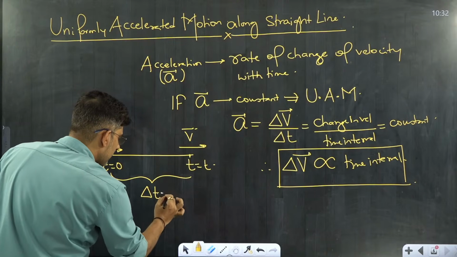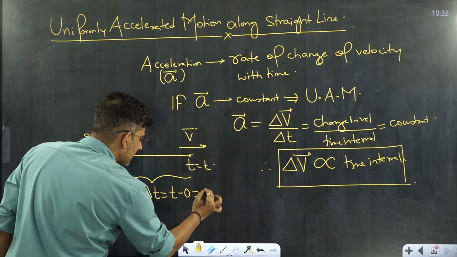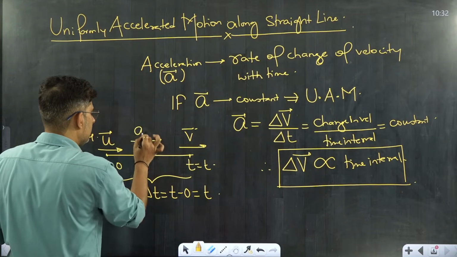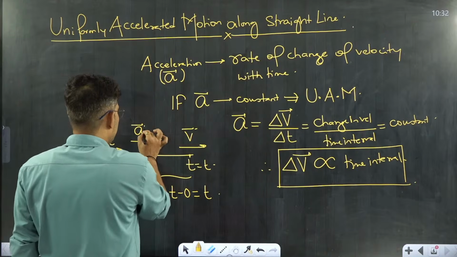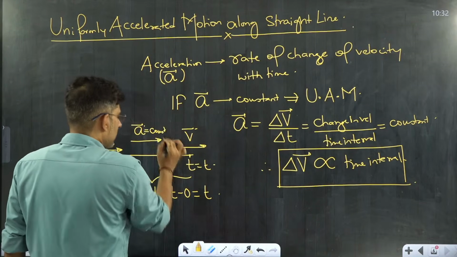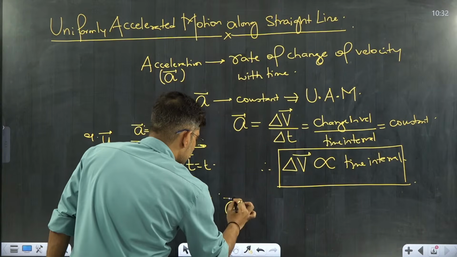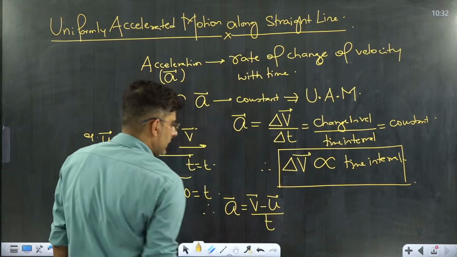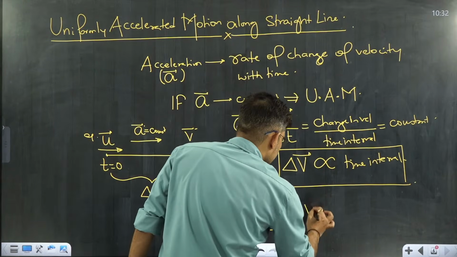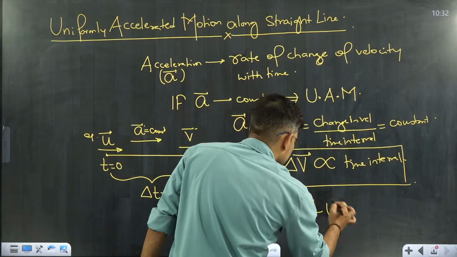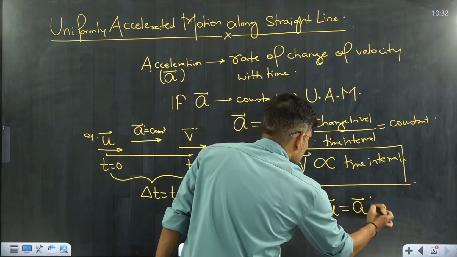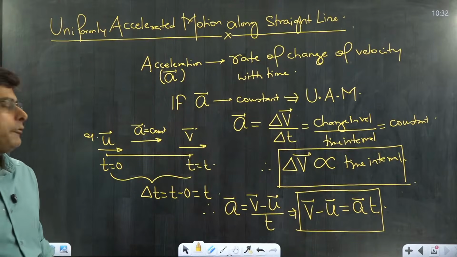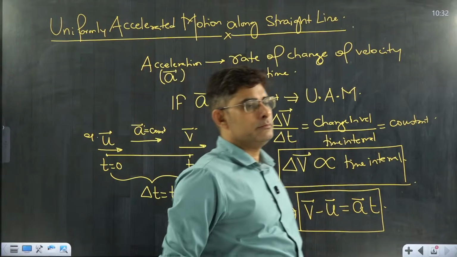Time interval is t minus 0, that is t. And acceleration being constant, acceleration is change in velocity, v minus u, by time interval. So we get the formula which we use in books, v minus u is equal to at, or v equals u plus at.